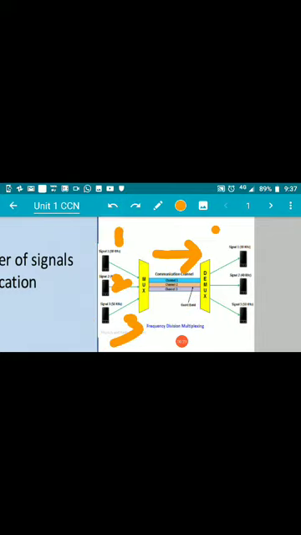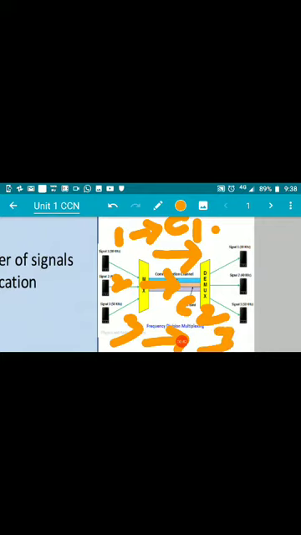To avoid this interference between the signals sent through the single communication channel, we modulate them with the respective carrier signals, carrier signal 1, carrier signal 2 and carrier signal 3.